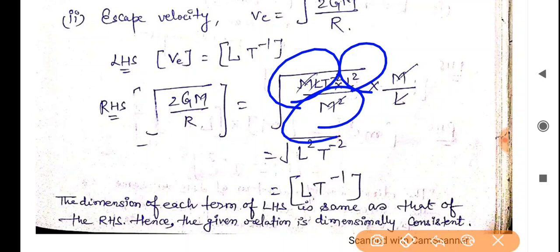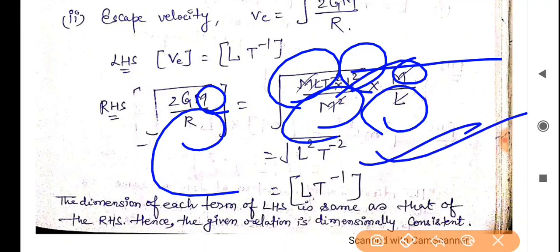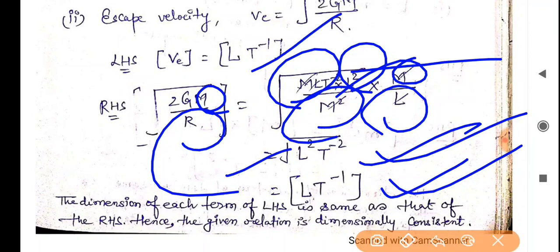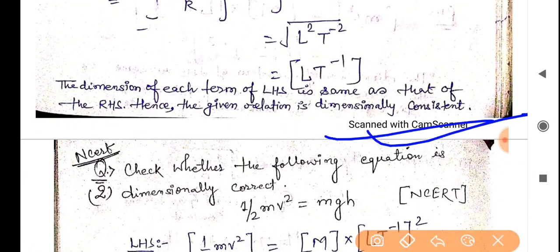And look here, for m there is M, and for radius there is L, and the whole square root here. After solving you will get L square T to the power minus 2, and removing the square root you will finally get LT^-1, and hence the dimensions of LHS and RHS are the same. So the given physical formula is dimensionally consistent.